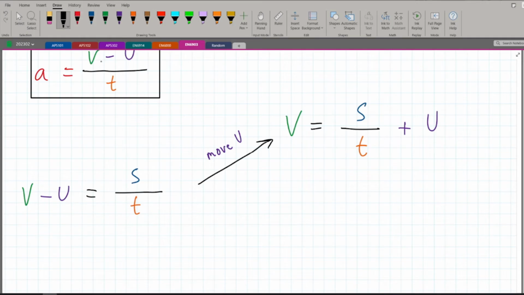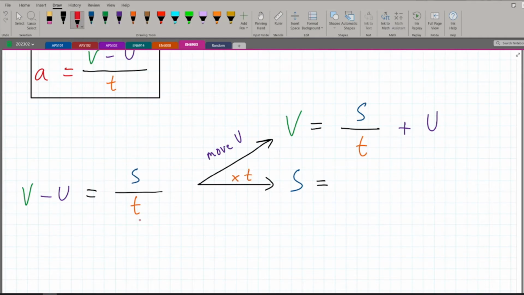Same thing again. We can rearrange it in another way so that we can find s by itself. If we want s by itself, we're just going to multiply t on both sides of the equation.